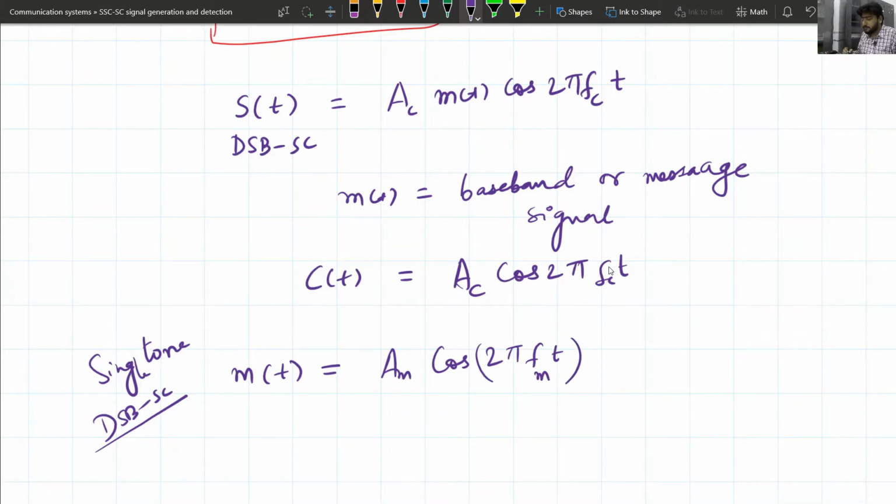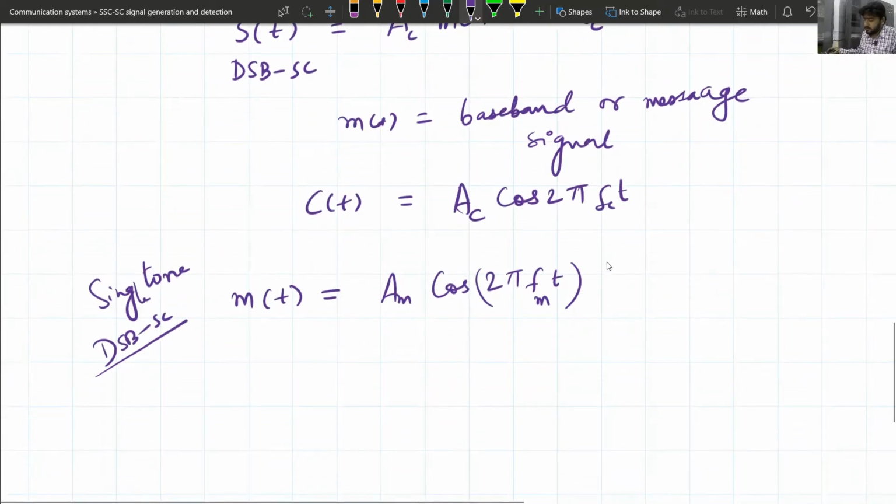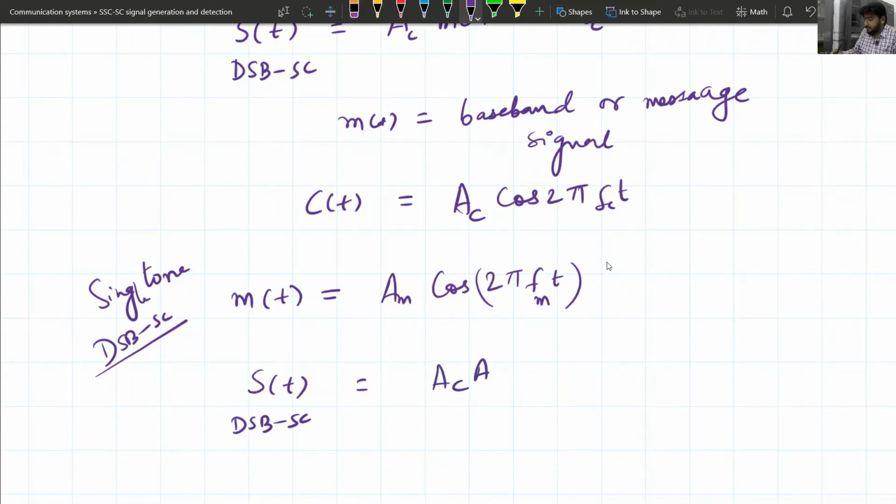This is the equation for the message signal. Then we can write the DSB-SC signal as AC times AM cos 2 pi FM t into cos 2 pi FC t.